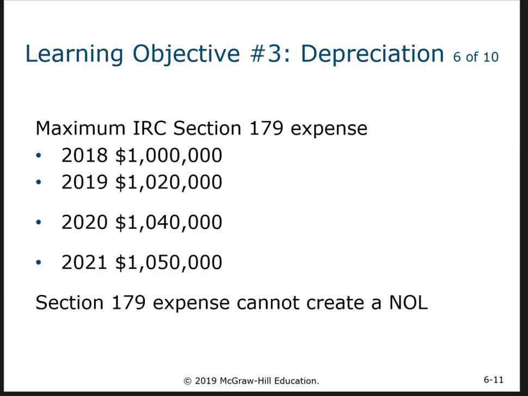So they are always messing with, I should say, these depreciation calculations or issues to try to give people more incentive to buy assets. So one of those is what's called Section 179 expense.